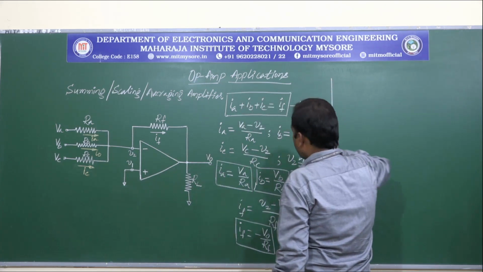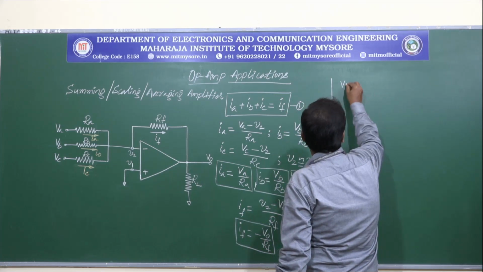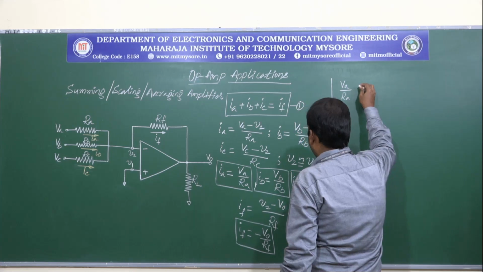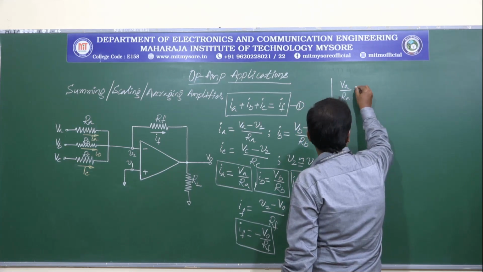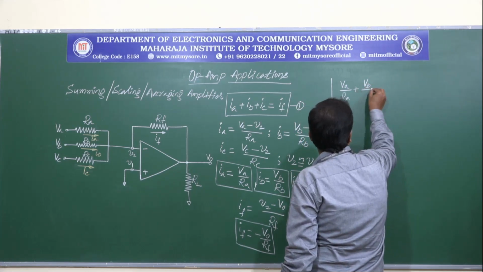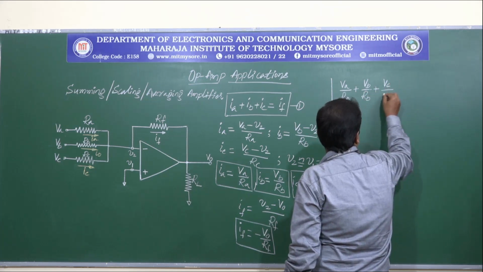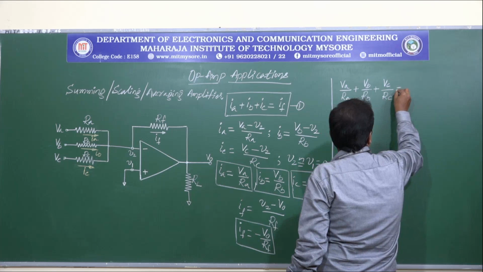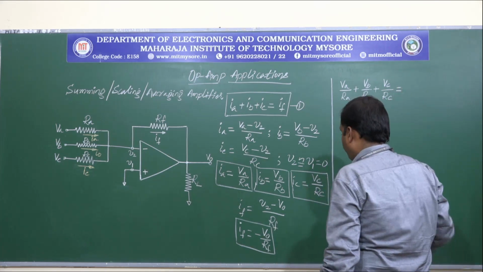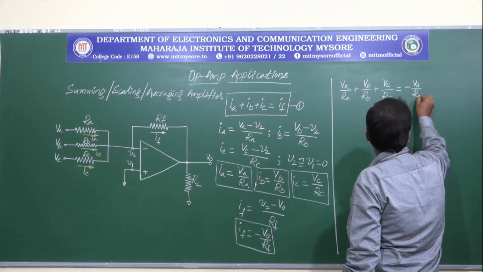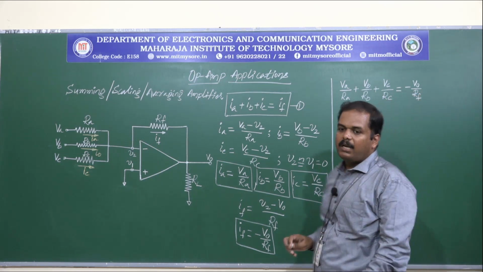So equation 1 will become VA by RA plus VB by RB plus VC by RC equals minus V0 by RF.